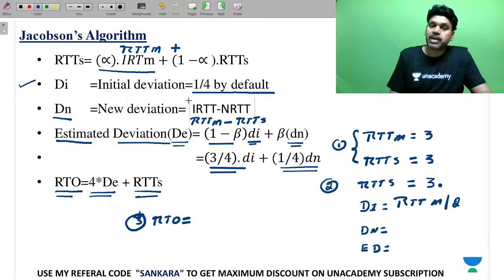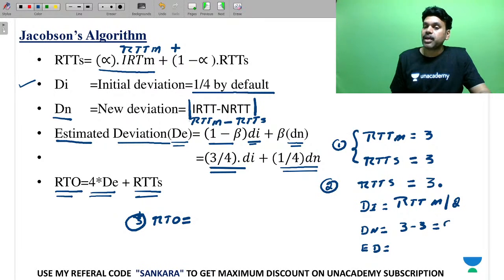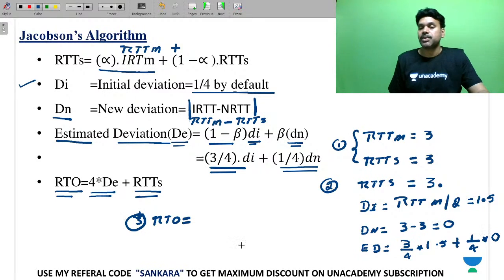New deviation is the modulus of IRTT and NRTT. So it is 3 minus 3, which is 0. Your estimated deviation is (1 minus beta) into initial deviation. Here you can consider 1 by 4 as your beta value. Therefore 3 by 4 into your initial deviation, RTTM by 2, which is 1.5, plus 1 by 4 into new deviation, that is 0. So this is the value.